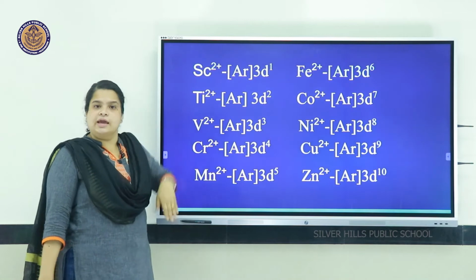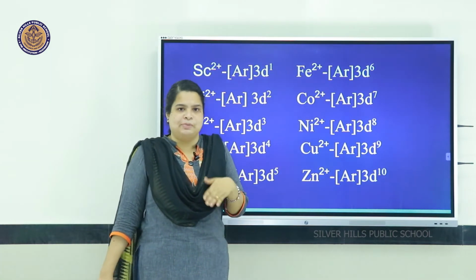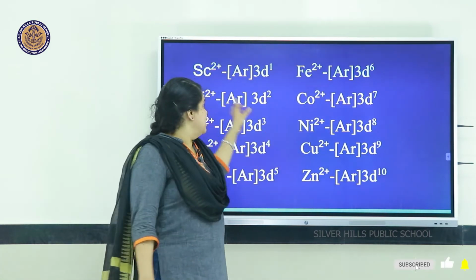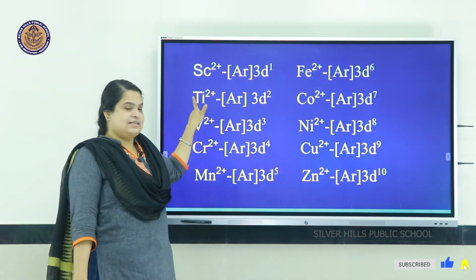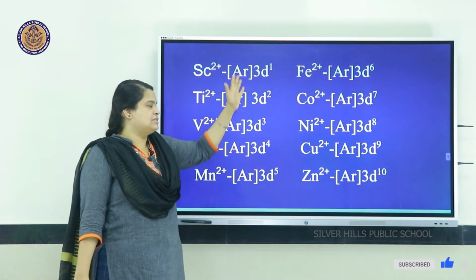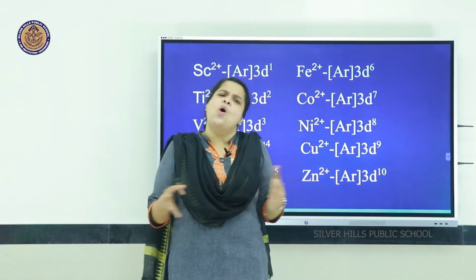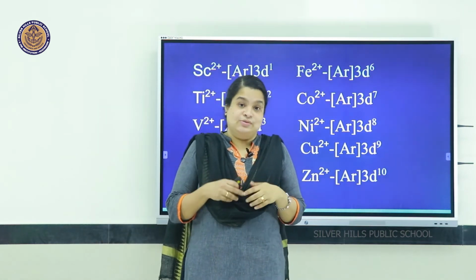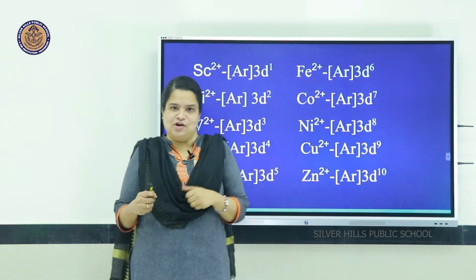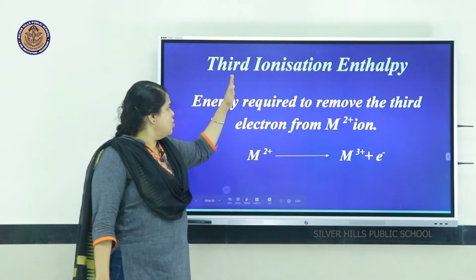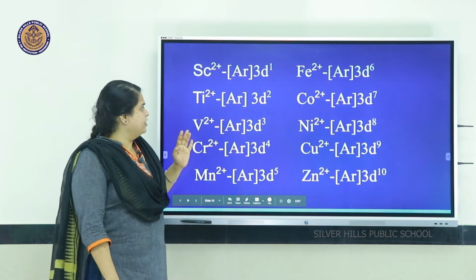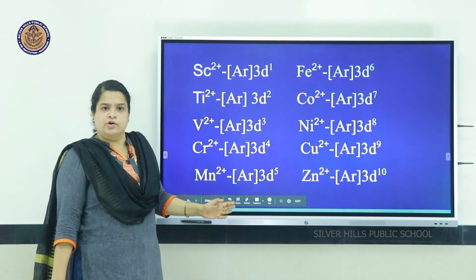Now, after taking the second electron, what happens to its charge? It's scandium 2 plus, titanium 2 plus, vanadium 2 plus, like that, all are in the M2 plus state. So there will be a change in their electronic configuration. What do you see in this electronic configuration?